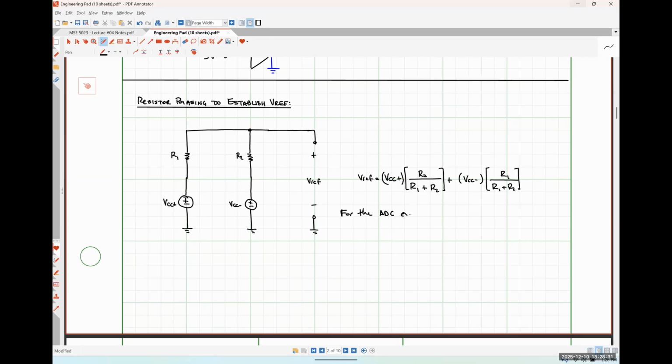For the ADC example, where VCC plus was 5 volts, VCC minus was 0 volts, and VREF was 3 volts.